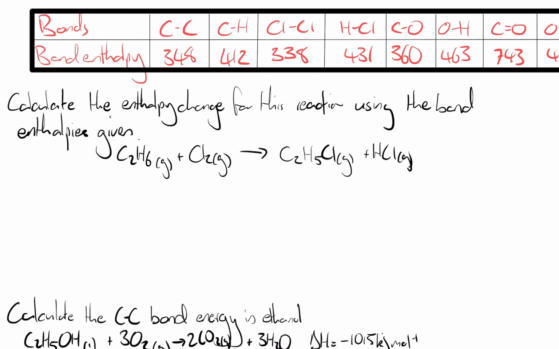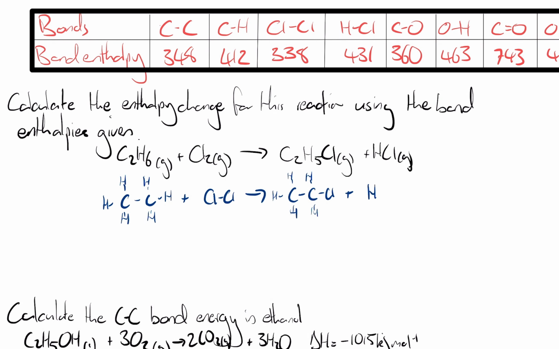So, calculate the enthalpy change for this reaction using the bond enthalpies given. I do promote trying to draw the displayed formula first of all. And if you're unfamiliar with this, there'll be future topics that look at that. We've got Cl2, C2H5Cl, and HCl.